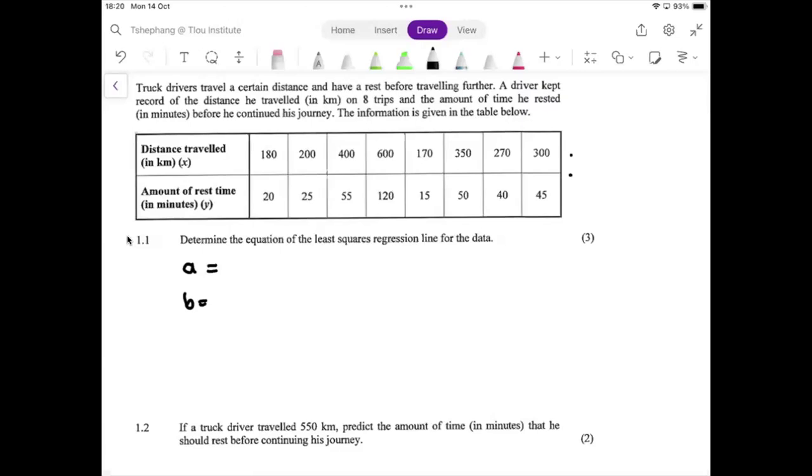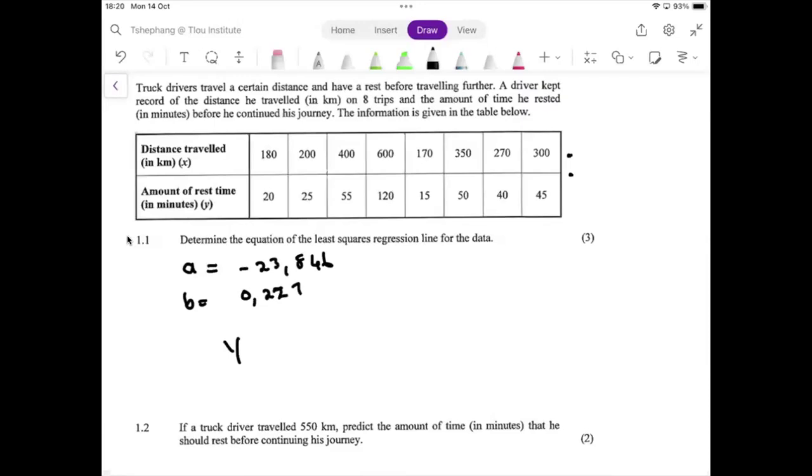I hope you guys have done this. So you've plugged the points in your calculator. My A, I'm getting it as negative 23,846. And then I'm getting B as 0,227.